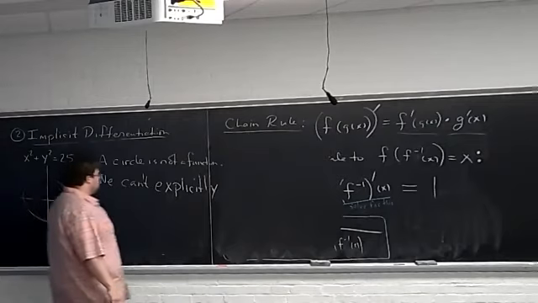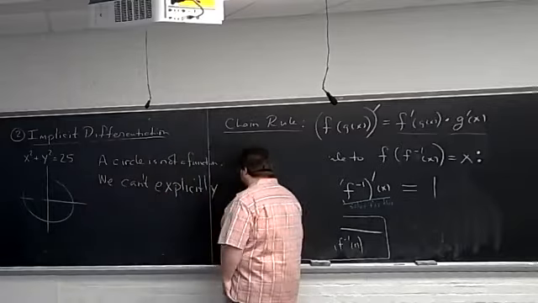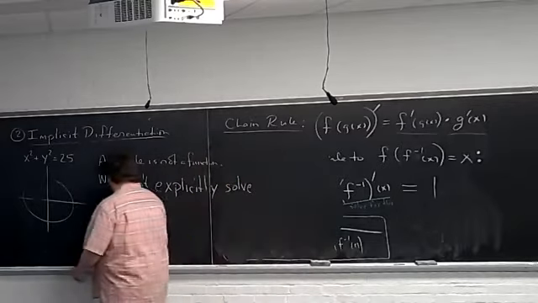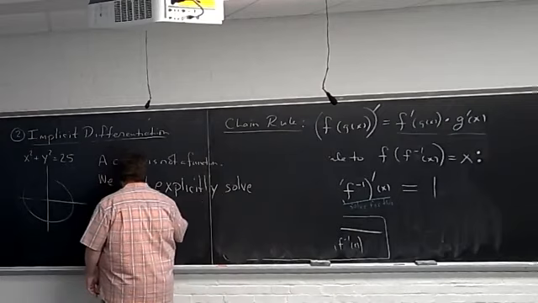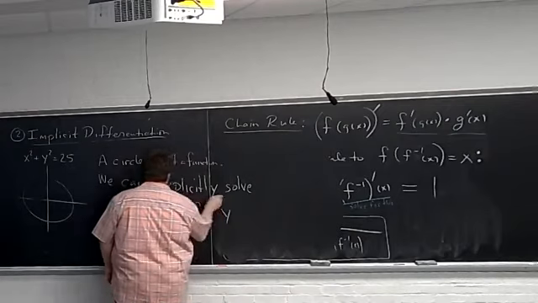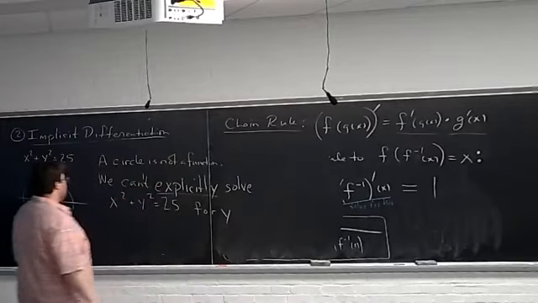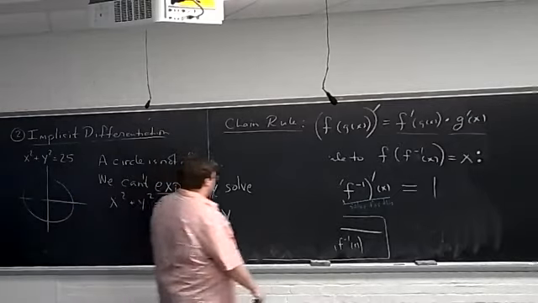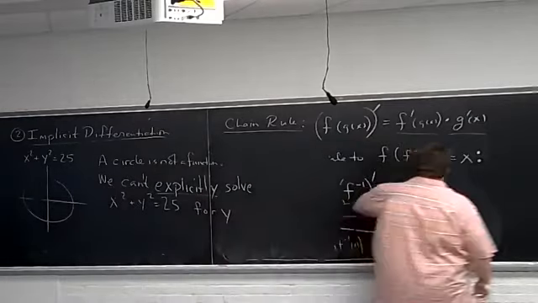And when that happens, we say we can't explicitly solve the equation x squared plus y squared equals 25 for y. We can't explicitly solve that equation for y because we would have to make a choice on the square roots, and that would split the curve into two pieces.